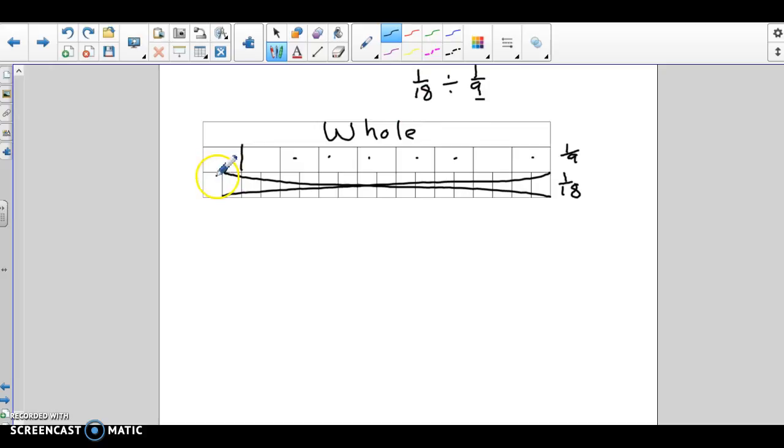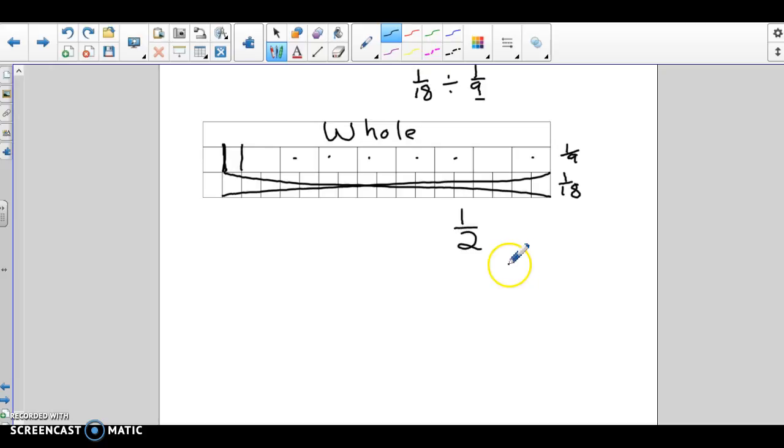Well, if you notice, 1/18 is smaller than 1/9, so you're not going to have a whole ninth. We only have part of it. We have 1 out of 2 parts, or 1/2. We need 2 parts to equal a ninth. So we don't even have a whole ninth. We only have half of 1.